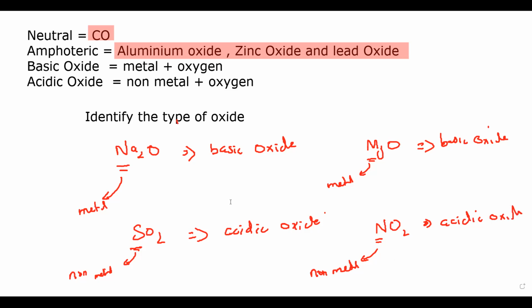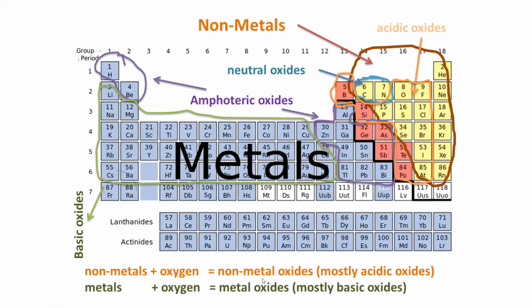So this is a simple way to identify the type of oxide, and you will find sometimes they give you the periodic table and they ask you to identify the position. So on the left hand side you will find basic oxide or metal oxide. On the right hand side you will find acidic oxide, and in between them you will find amphoteric oxide.